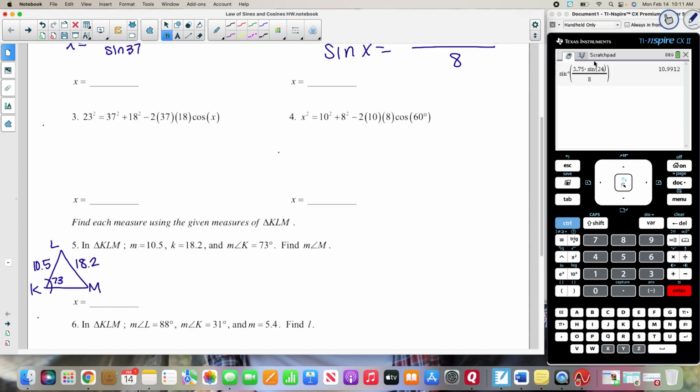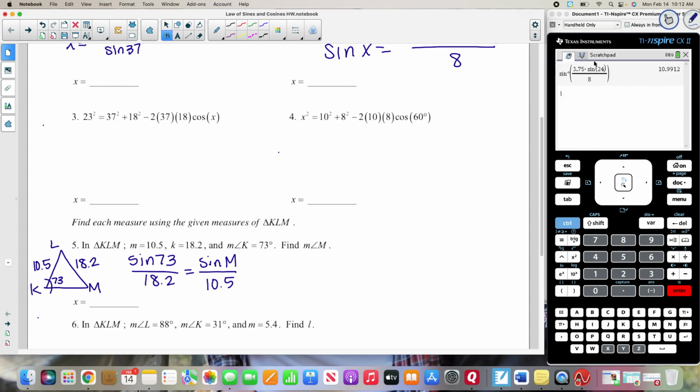So we're going to say sine 73 over 18.2 equals sine M over 10.5.